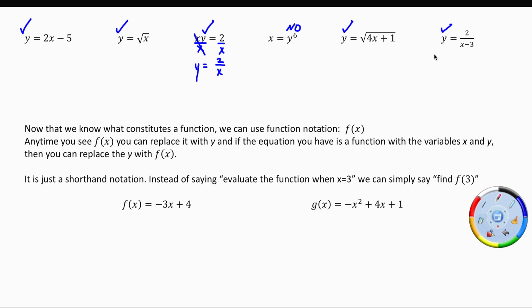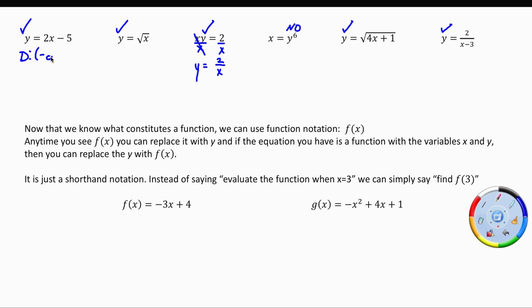Okay, if it's a function, the domain is all real numbers unless there's a variable in the denominator or under a radical or in the argument of a logarithm, but we won't have those for a while. So this is all real numbers, right?